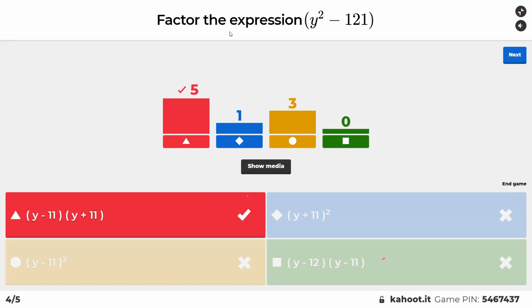Teacher, my internet connection is bad. I couldn't answer. Teacher, now what happens? I can't see the screen, so that's why I didn't answer.